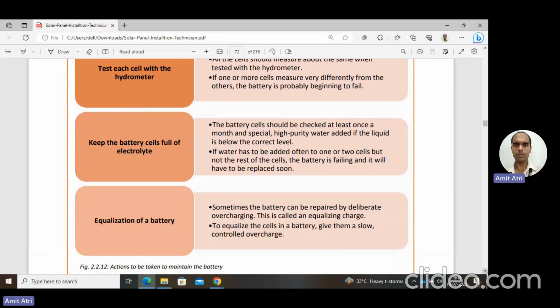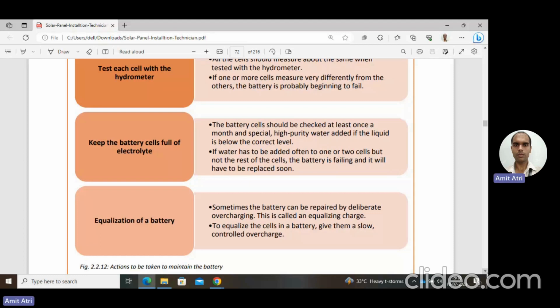The battery cells should be checked at least once a month, and special high purity water should be added if the electrolyte or water level is low. Okay, if water has to be added often to one or two cells but not to the rest of the cells, then it is an indication that the battery is failing. We need to replace it.